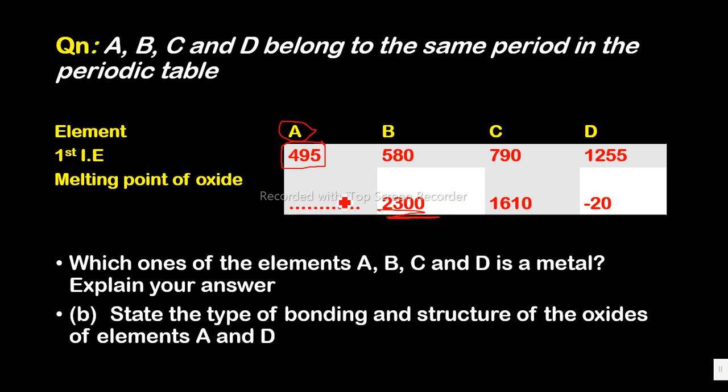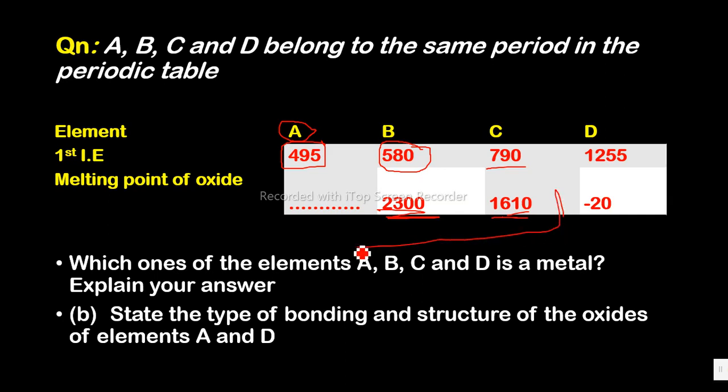Now, element B: its first ionization energy is 508, and its melting point is 230. You see, it is high. This one is 790. And look at its melting point.